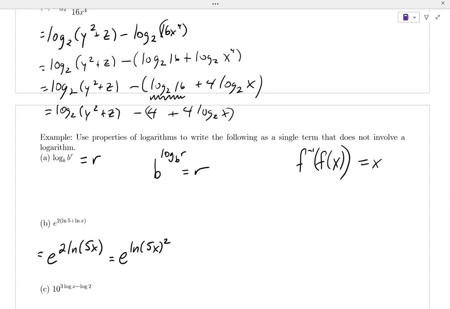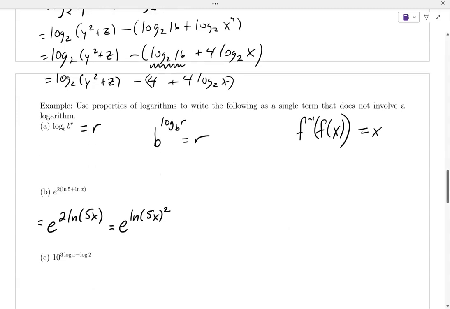That 4 that was on that x to the 4th did not apply to the 16, right? However, when we bring the exponent up, the exponent goes on the input. So this square here now does apply to that whole 5x. It applies to the whole input. Okay? It's a little bit different than what we had before.